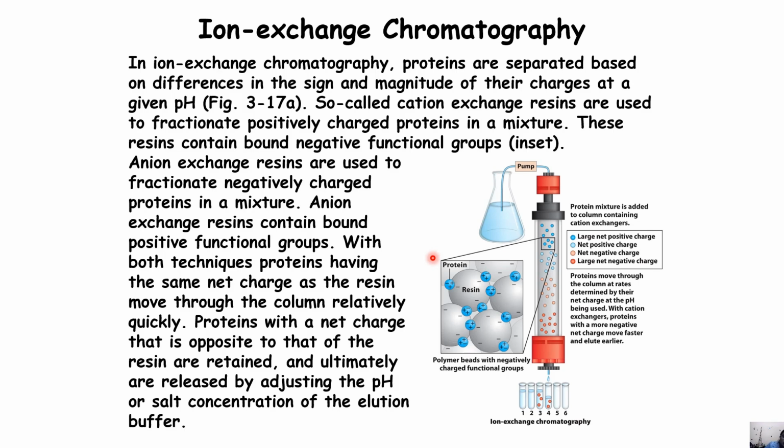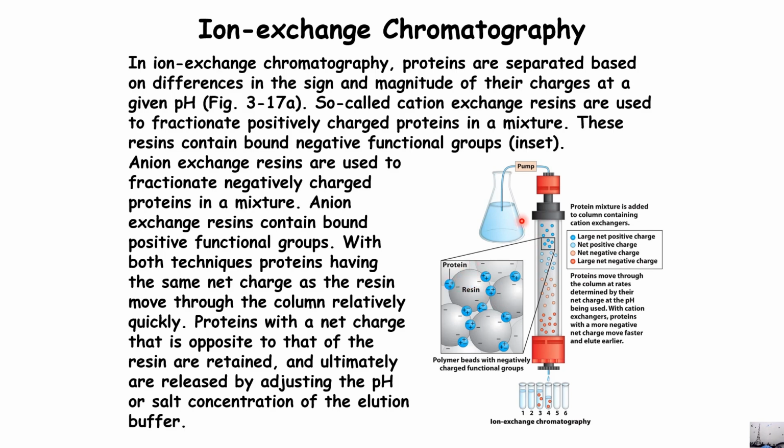Now, anion exchange resins will be used to fractionate negatively charged proteins in a mixture. That's the opposite. So anion exchange resins will have bound positive functional groups, and so the negatively charged proteins will get attracted towards the positively charged resins.